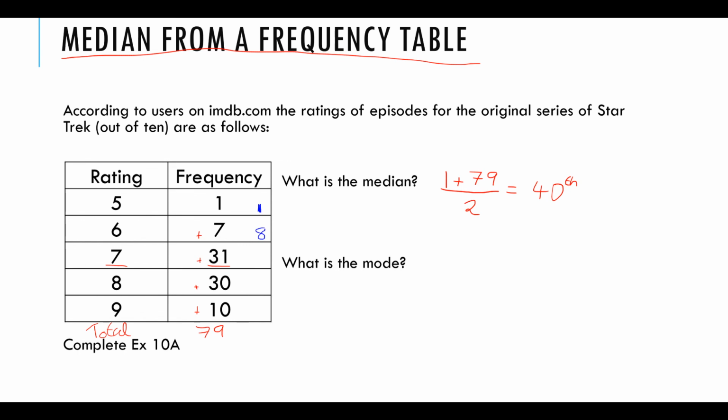For 5, 6 or 7, it's 1, 7 or 31, so 39. Not quite at 40. Once we add on the 30 episodes that were rated an 8, we get up to 69, so we've passed the 40th position. So if we passed the 40th position while we were looking at episodes with a rating of 8, it must mean that the median is 8.